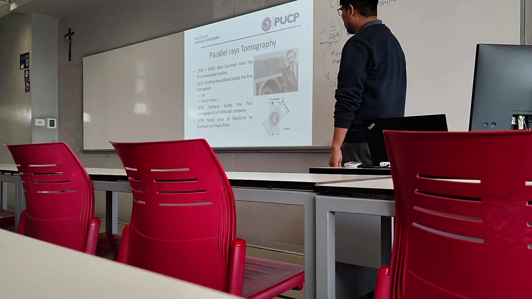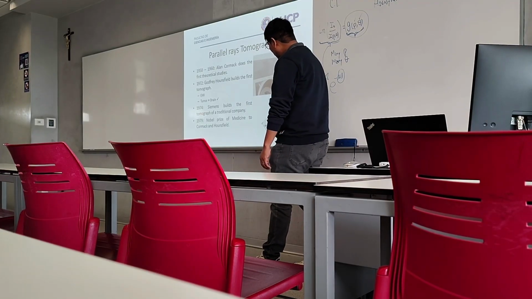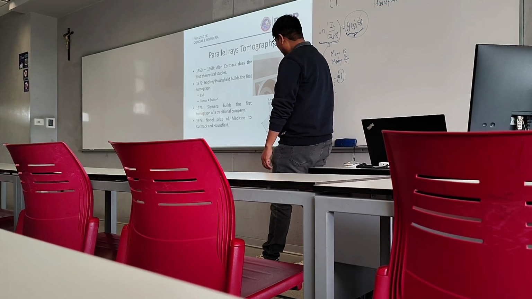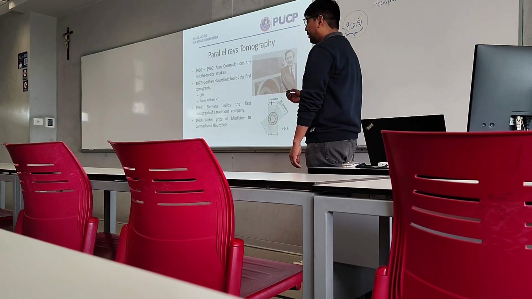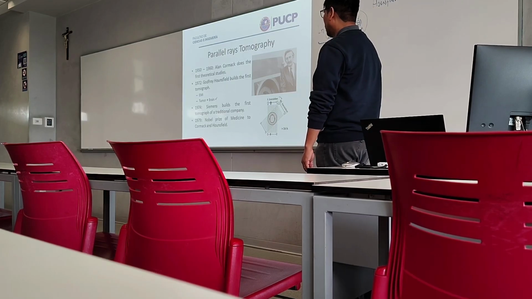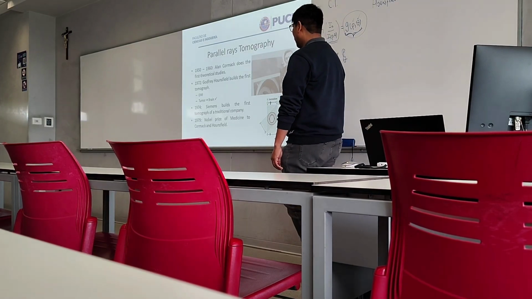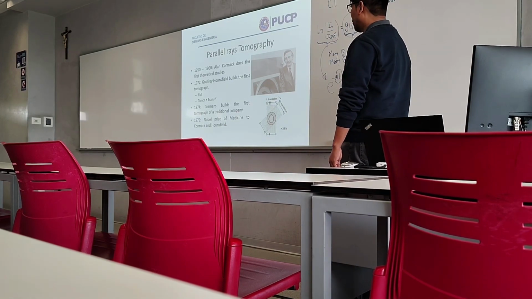It's basically locating these sources and sensors in a plane that is the plane of interest. In the case of the brain, for example, the head. A few years later, Siemens, a big company, made the first tomograph.